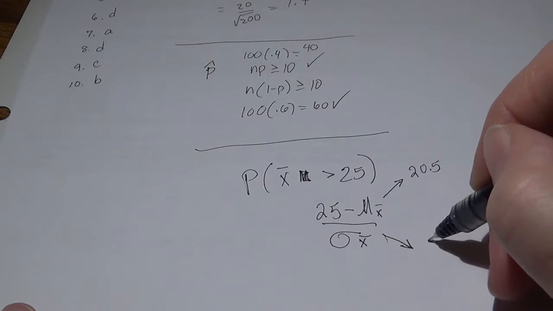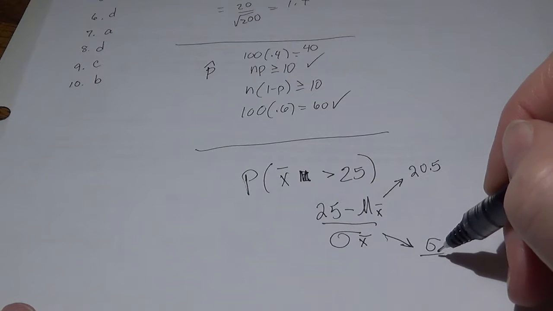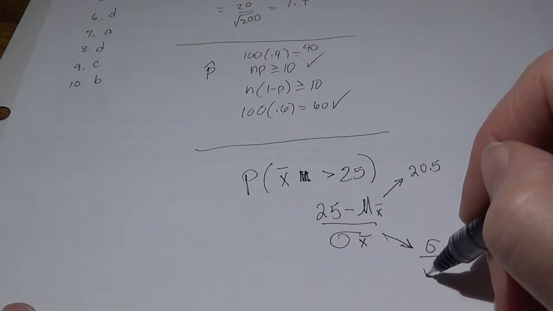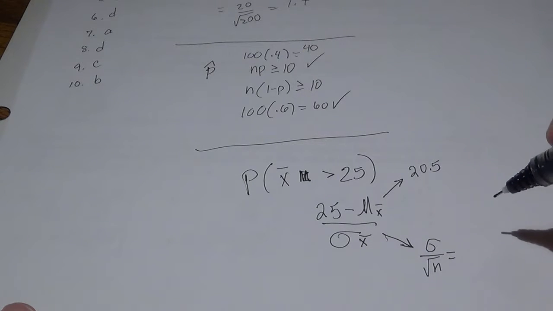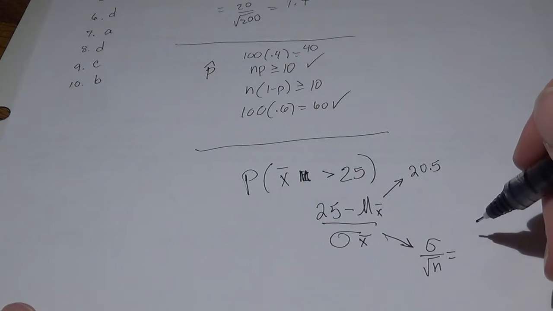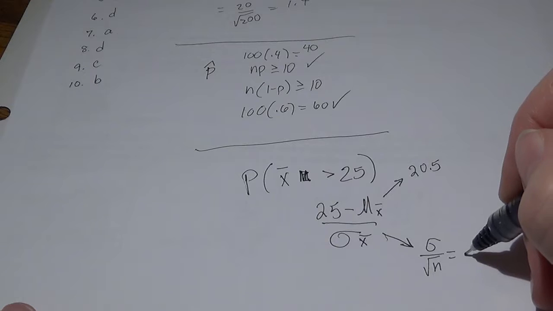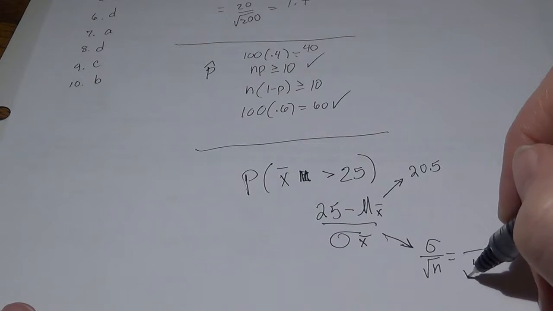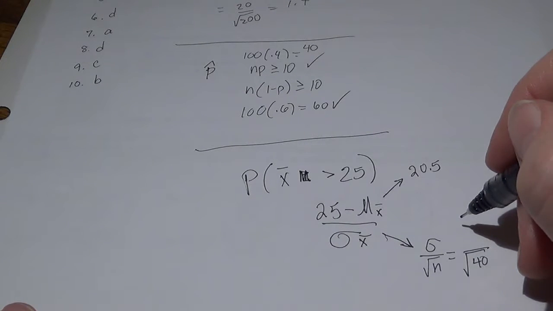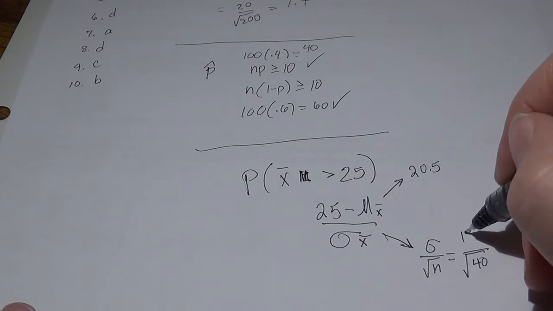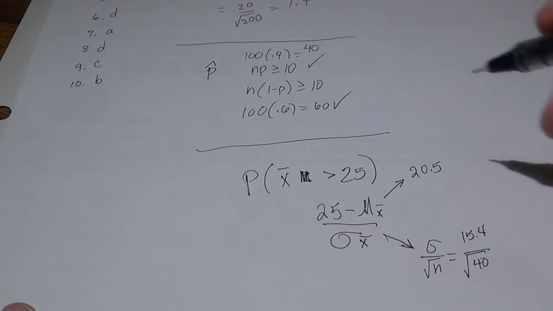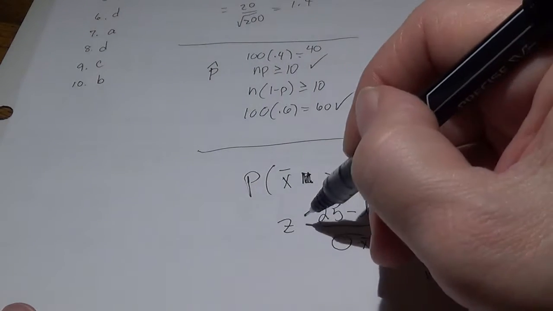So we're going to do standard deviation of the whole population divided by the square root of n. So we have 40 is our n, and the standard deviation as 15.4. So that will be our z-score.